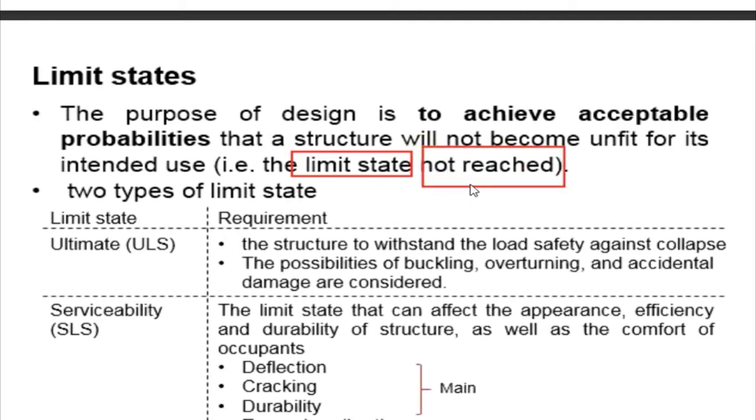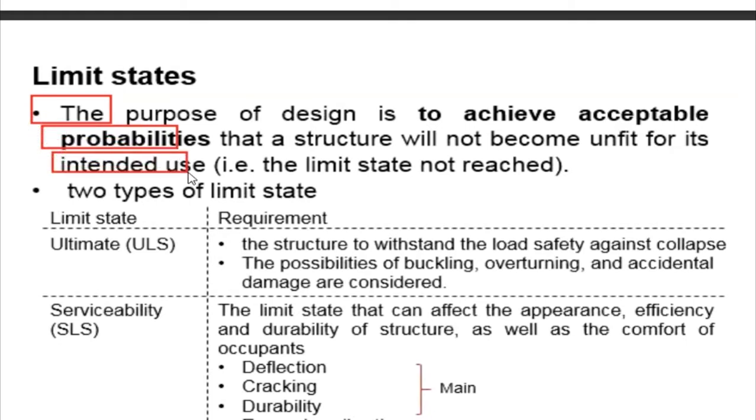Otherwise, once it is reached, the structure will collapse or will not be usable for the intended use. So under the limit state we take the maximum achievable probability for the structure for the intended use. It means we assume that for the intended use, the limit state should not be reached.